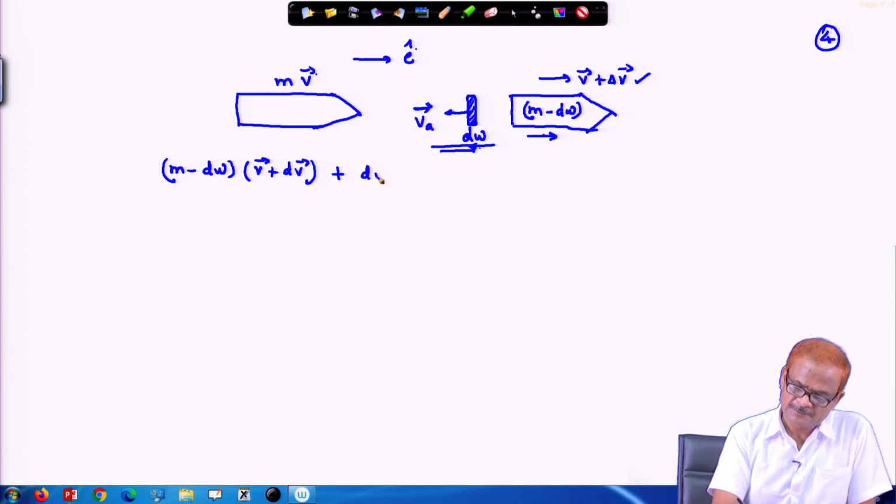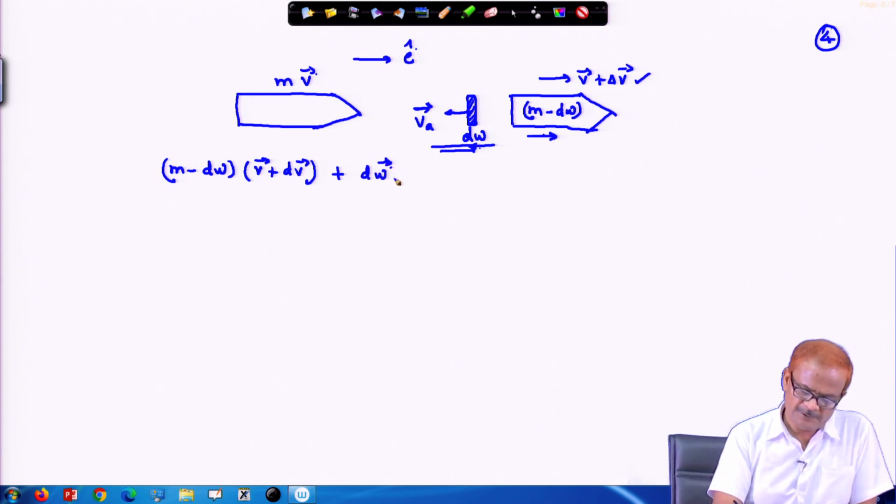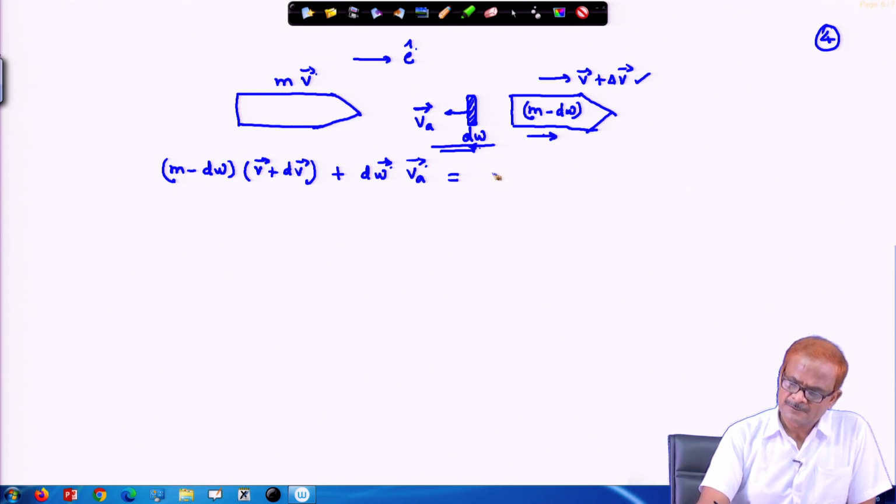So, this is dw, and then the momentum of this has to be added. So, v absolute is given. So, v absolute of this dw v a, and this must be equal to the initial momentum.